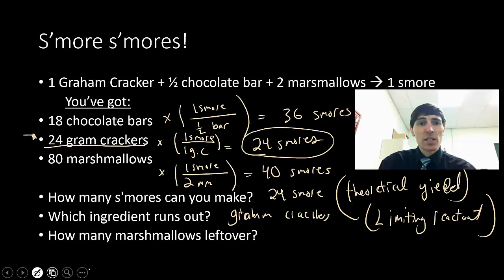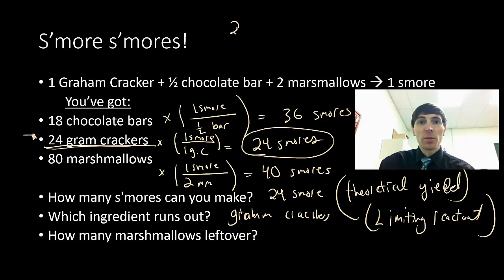And then the last question asks, how many marshmallows are left over? To find our leftover marshmallows, we need to figure out how much we used. To figure out how much I used, I look at what ran out first. Graham crackers was the one determining how many s'mores I could make.